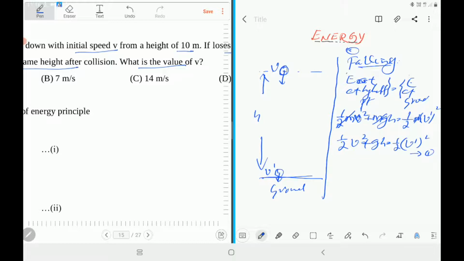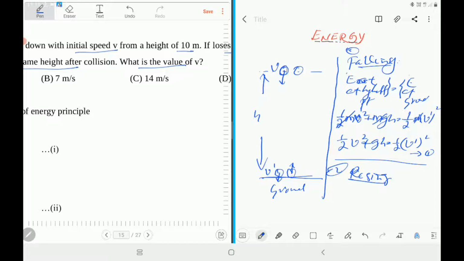This is the first case. In the second case, when it bounces up, when it starts moving up, the velocity changes. Why? Because it loses 50% of the energy. So I consider the second case, the rising, as it reaches the same level. That is the data given.